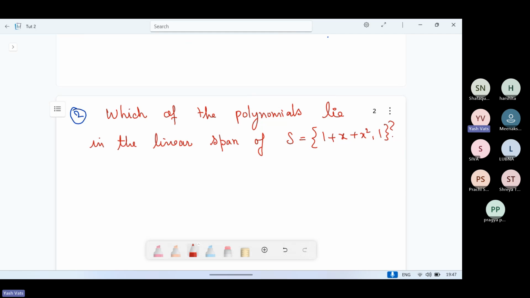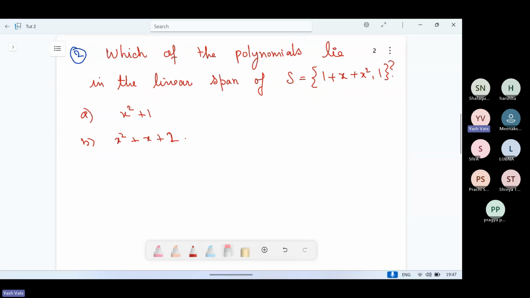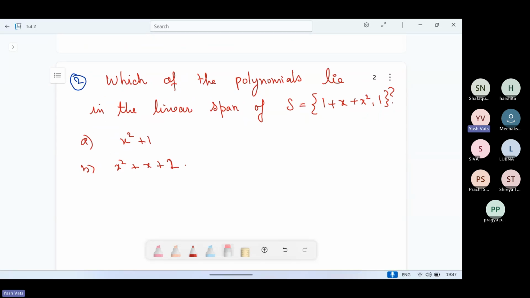Then which of the polynomials lie? So first one is x square plus 1. Second one is x square plus x plus 1 plus 2. Third one is, similarly, I don't write much. So you just check which of the polynomials lie in the span of this. Okay? Can you do that? And tell me which of the polynomials lie?